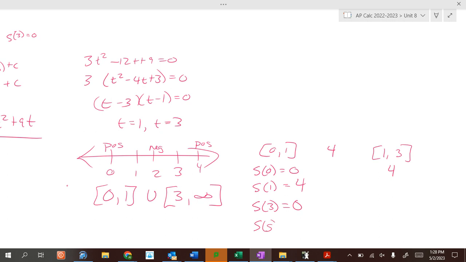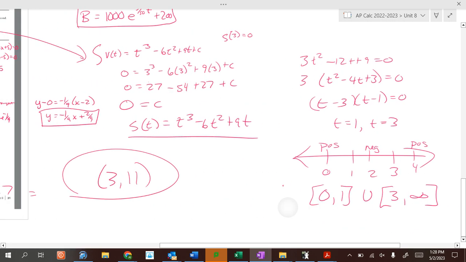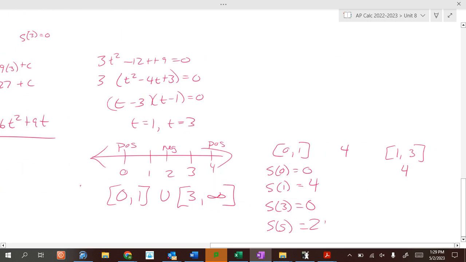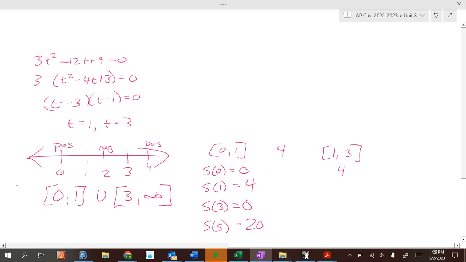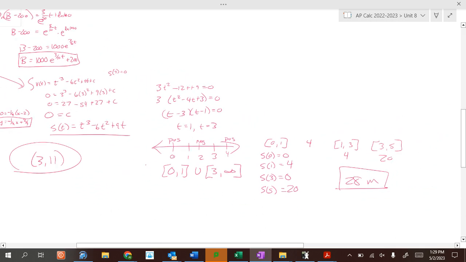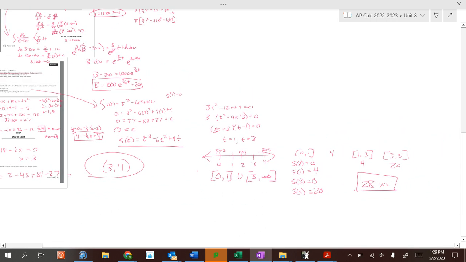And the position at 5 seconds is 125 minus 150 is negative 25, plus 45 is like 20. So it goes from 0 to 20, so it goes another 20 from 3 to 5. So it would be 28 meters it travels because of the change in distances. Okay? And there we go. So just some things to look at.